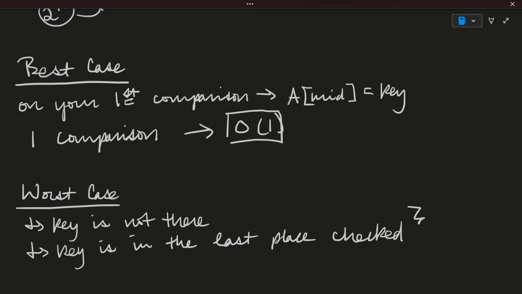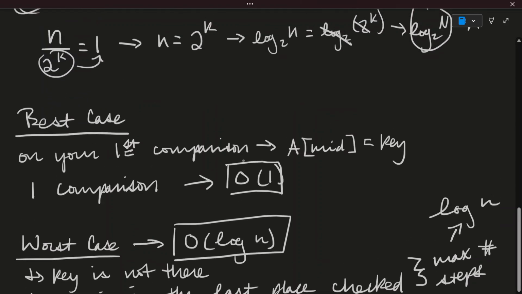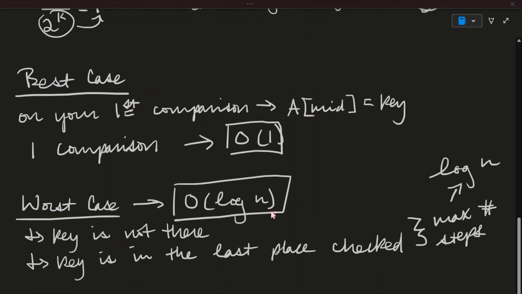So for both of these, you'll have to do the max number of steps. But as we found out earlier, this max number of steps is log n. So the time complexity is still O of log n. And that about wraps it up for binary search. Thank you.